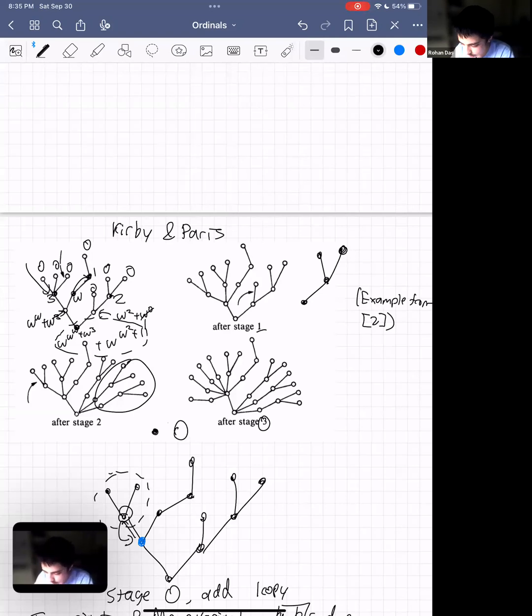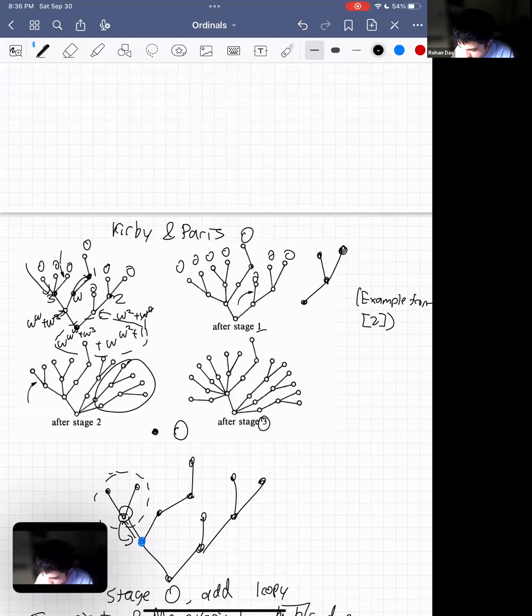We can also go through the stage 1 diagram as an example. And if we want to know precisely what order we go in when defining this, we can think about it in terms of how far away it is from the bottom.